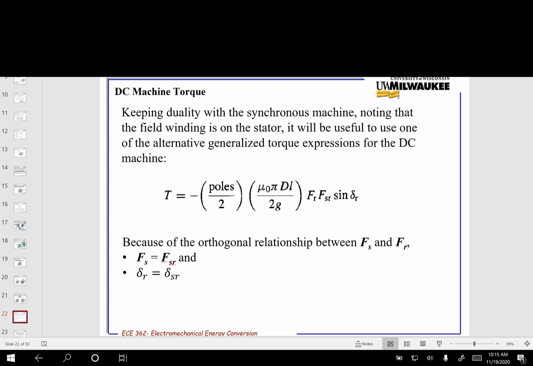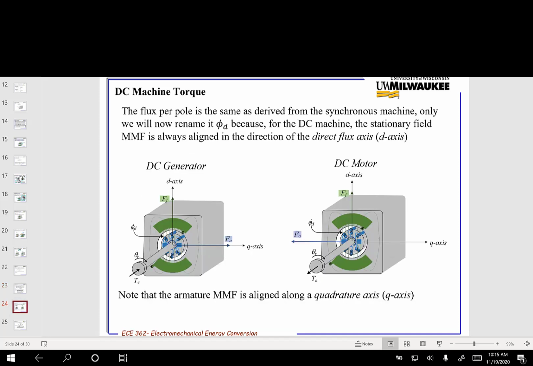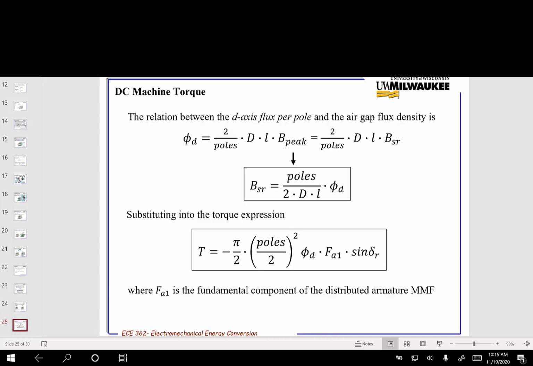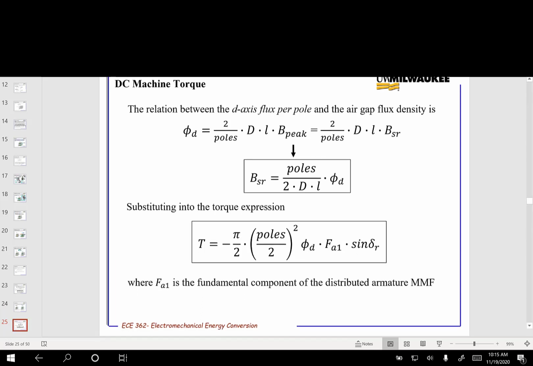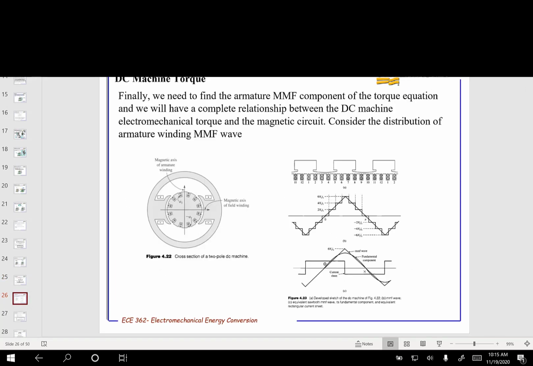Yes. Good. Okay, so what happens in general is, I'm going to skip through some of this, and I'm going to summarize these slides to what you need to know. So let's go to the final expression for the induction, for the DC machine, for torque.